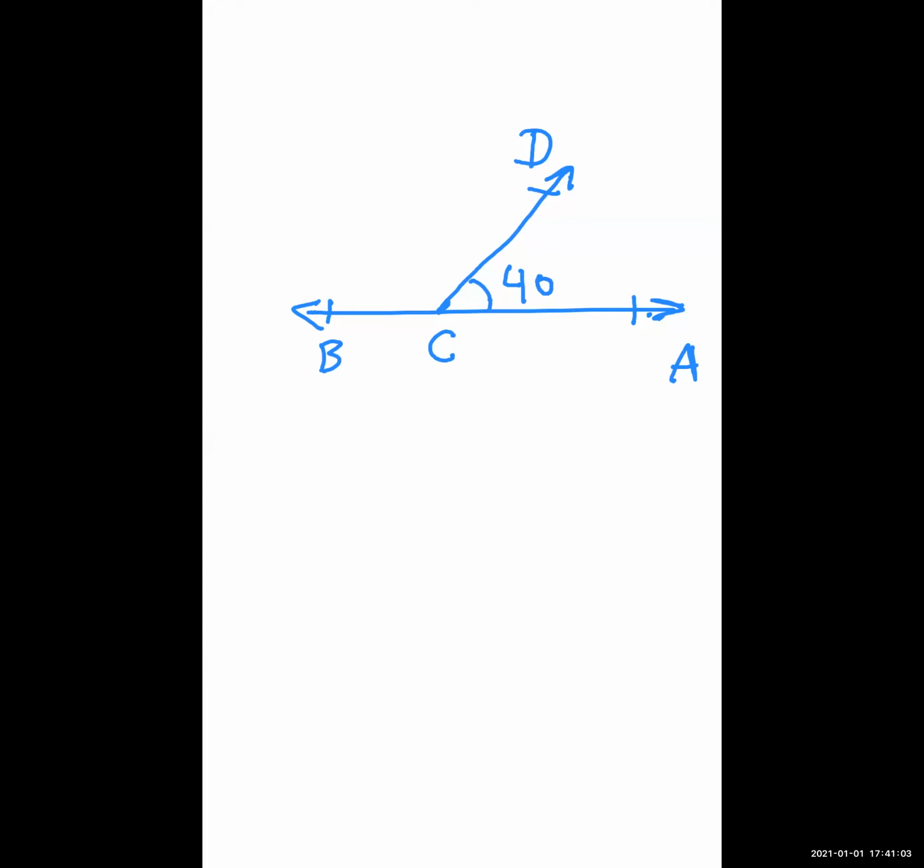This means if this one is 40, this one, which I'm showing with these two arrows, has to equal 180 minus 40, which is equal to 140 degrees. So this one, of course, will be 140 degrees. Okay, so this is about the two adjacent supplementary angles.